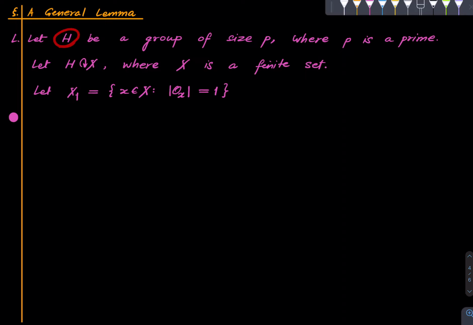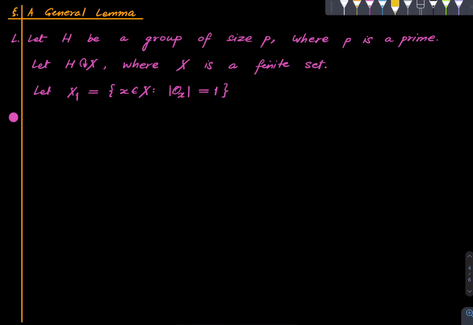So suppose we have a group of size P. The group is H, and suppose it acts on a finite set X. As we already hinted in the problem, if the group has size P and it acts on a finite set, then every orbit has size either 1 or P. So what we are doing is collecting only those elements in the set X whose orbits have size 1.